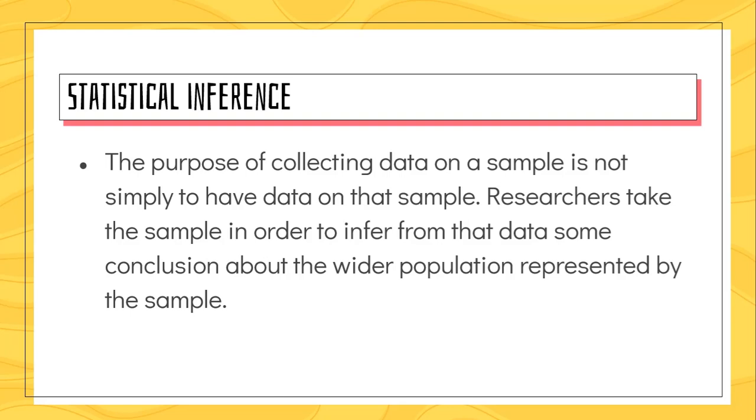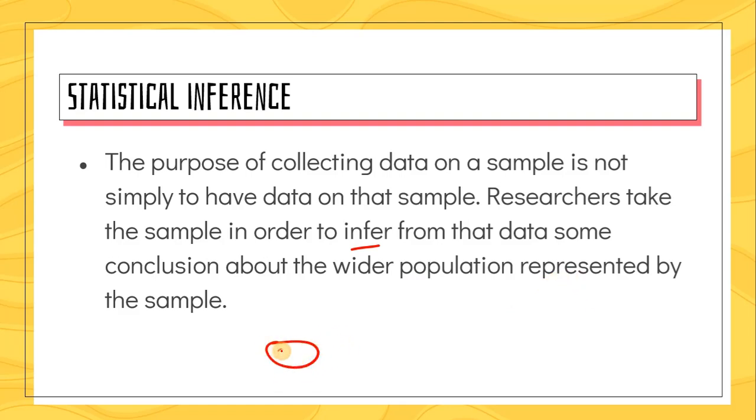So in the whole process of statistical inferencing, the purpose of collecting data on a sample is not simply to have data on that sample. Researchers take the sample in order to infer from that data some conclusion about a wider population represented by the sample.